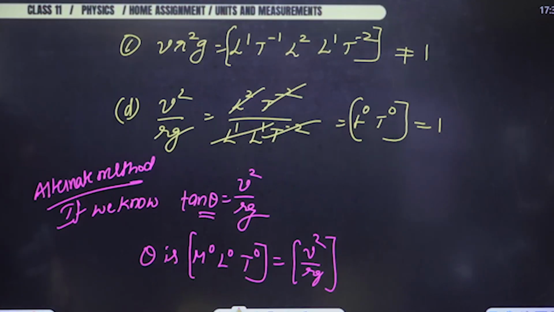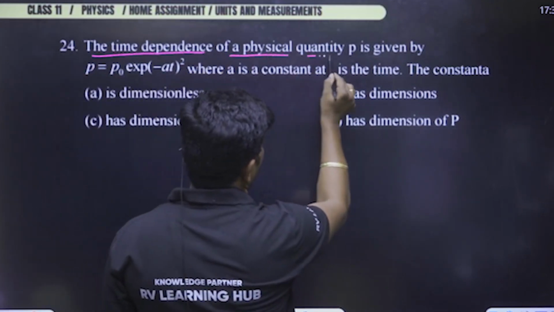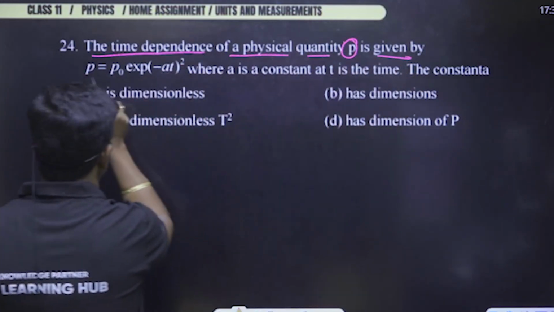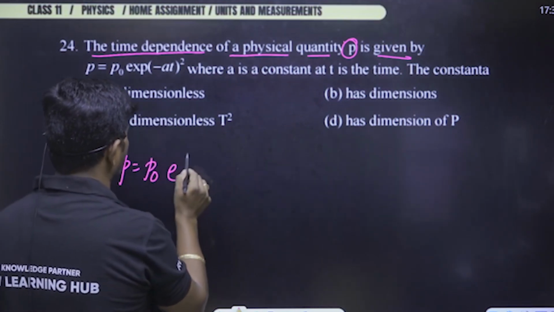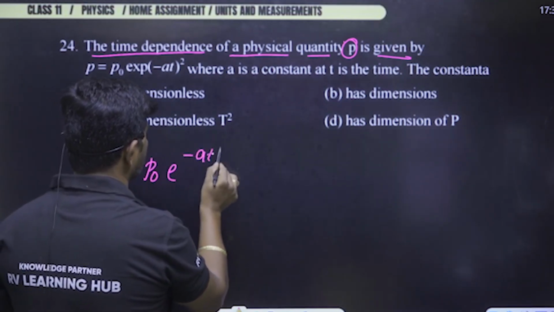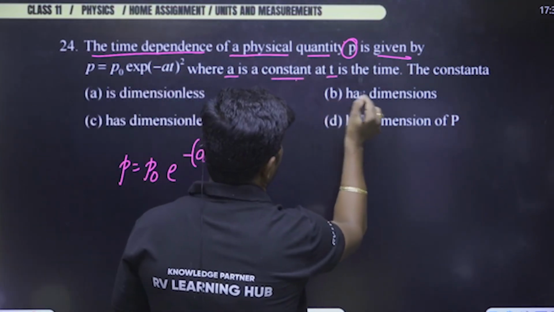Now let us move on to the next question, what they are saying to us. The time dependence of a physical quantity P is given by P is equal to P naught into e to the power of minus A into T whole square, where A is a constant and T is the time.